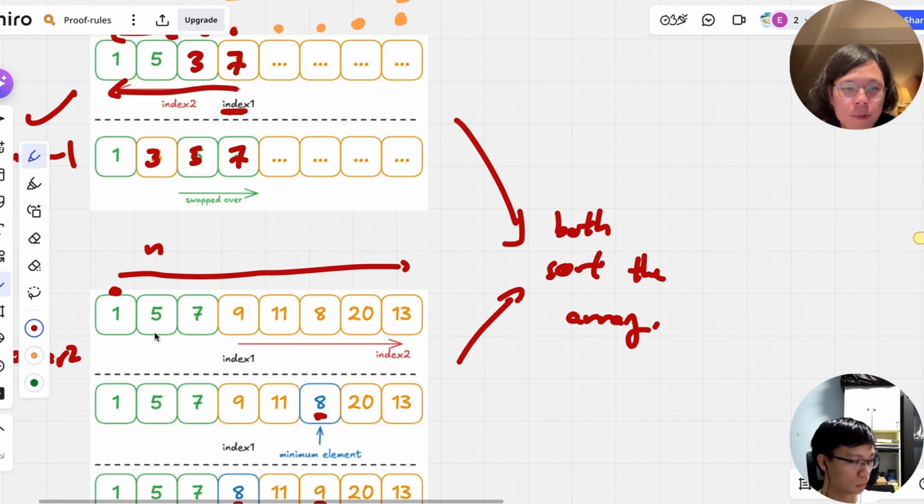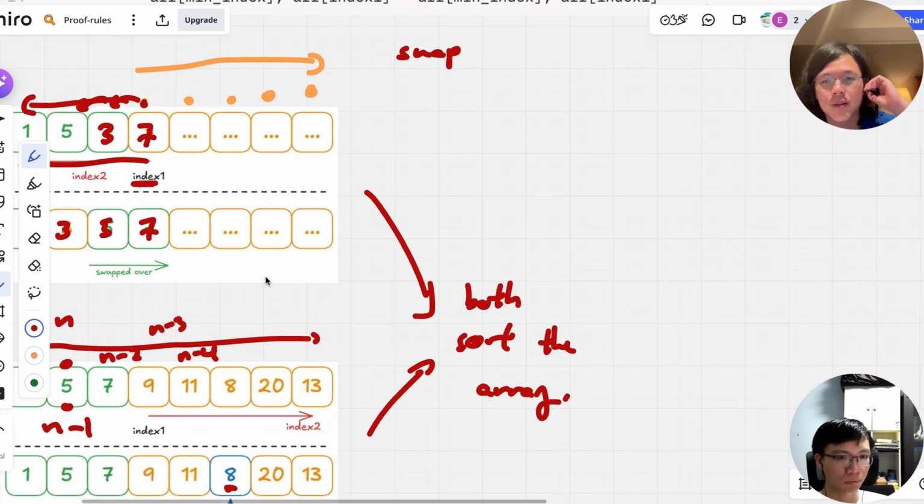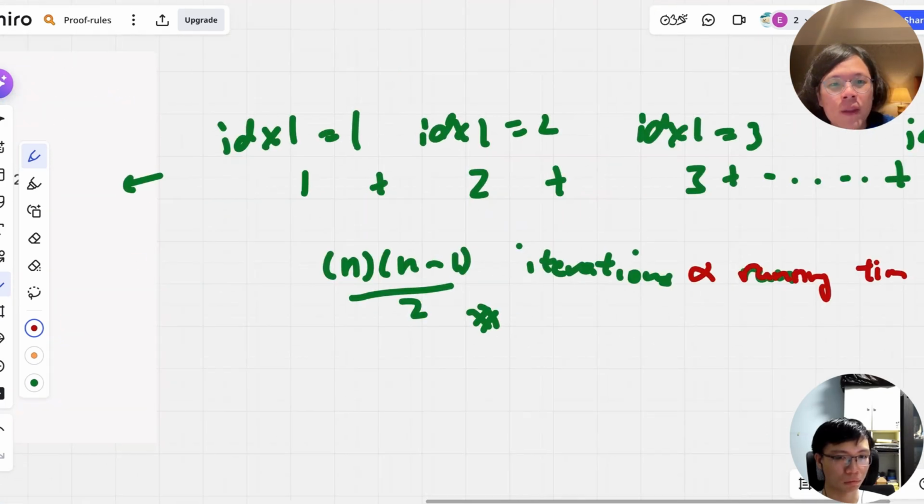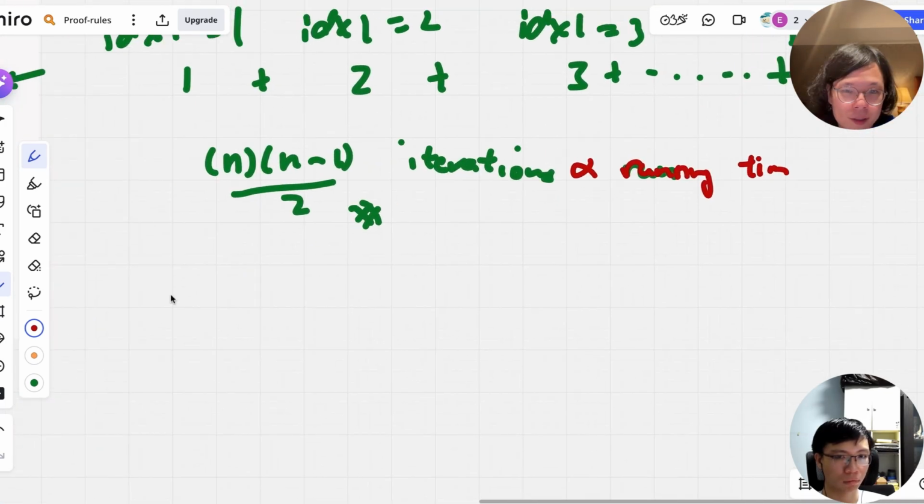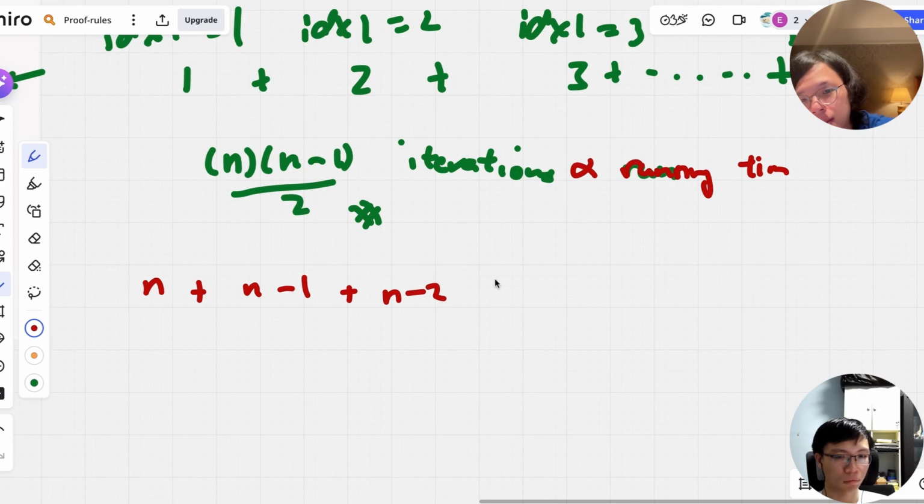And then when index 1 eventually increments and points to this index, then you have to iterate across n minus 1 elements, then n minus 2 elements, then n minus 3 elements, then n minus 4 elements, and so forth. So basically the number of iterations is going to look something like n elements, followed by n minus 1 elements, followed by n minus 2 elements, followed by n minus 3 elements, until let's say 2.